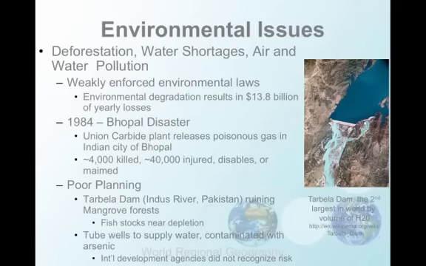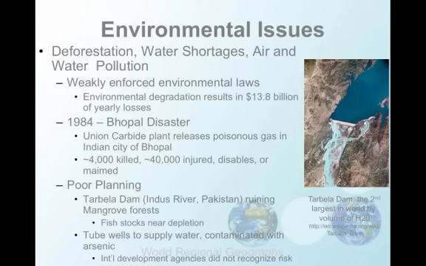There have been a number of environmental issues that I wanted to point out in the South Asia region. So overall in the region you have relatively weakly enforced environmental laws, and each year approximately $14 billion is lost as a result of environmental degradation. In 1984, you have the Bhopal disaster.